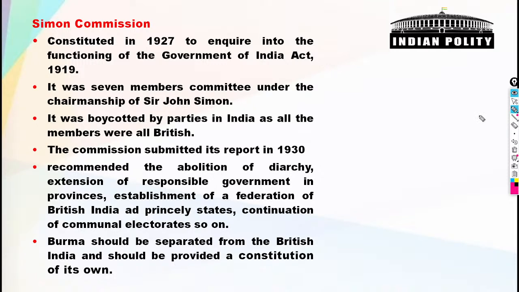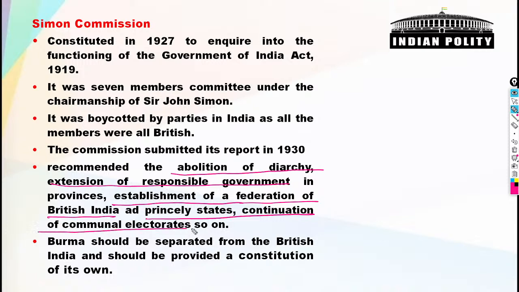It recommended the extension of responsible government in the provinces, which means more and more members of the provincial councils should be elected. It also provided for the establishment of a federation of British India, comprising British India and princely states, and it recommended the continuation of the separate electorate system. So these are the four major recommendations of the Simon Commission.